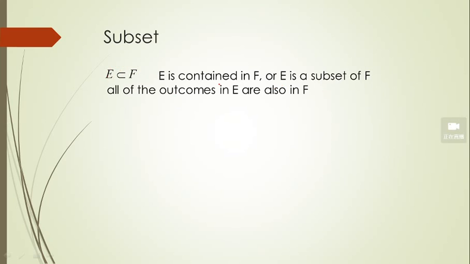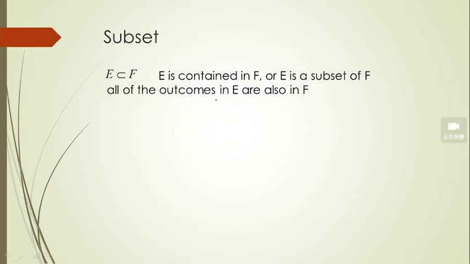Here somehow we should combine the concept or the idea from set theory to those kinds of definitions. And those symbols we mentioned here are events, and an event consists of outcomes.